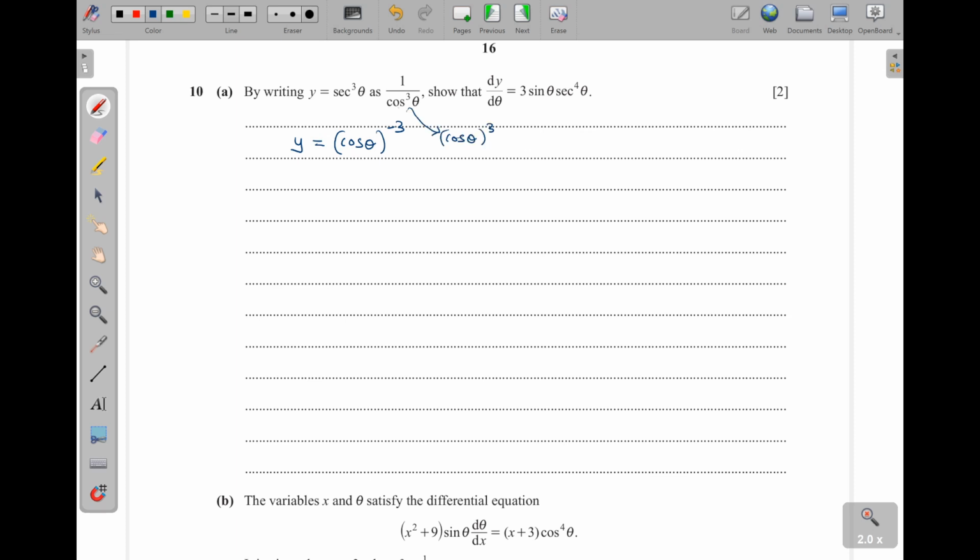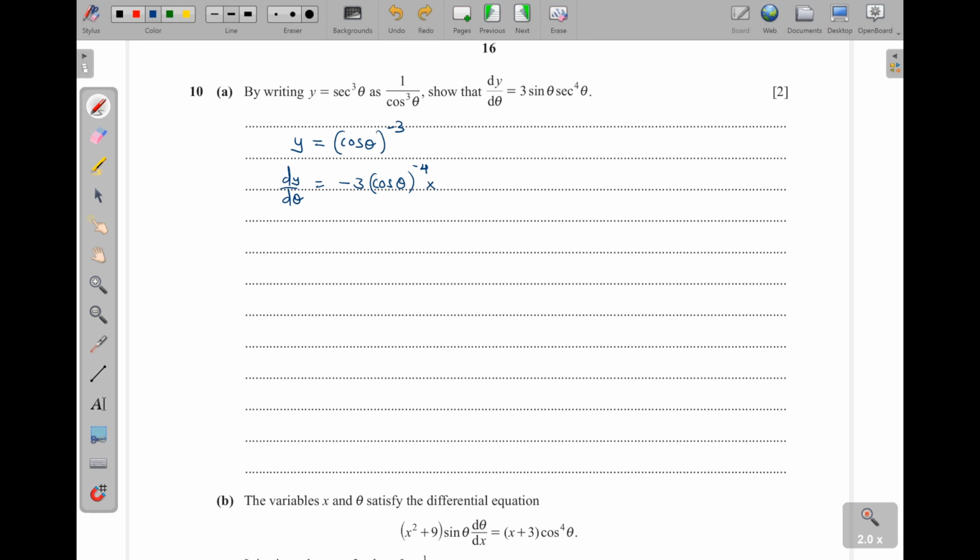Now you take it up, so the power becomes a negative. Now, when I'm differentiating this with respect to theta, I will drop this power here. Then when I drop it, it's minus 3 cos theta. Reduce the power by 1, it will become negative 4. Then times what is inside, you differentiate.